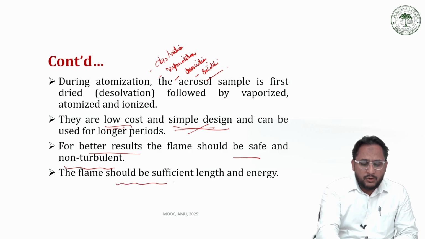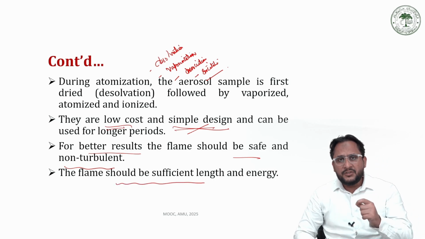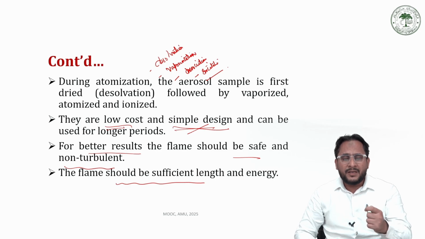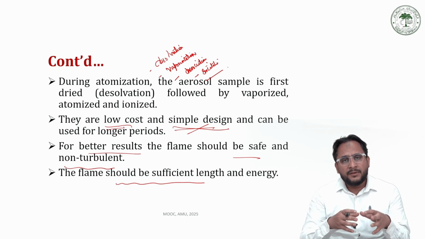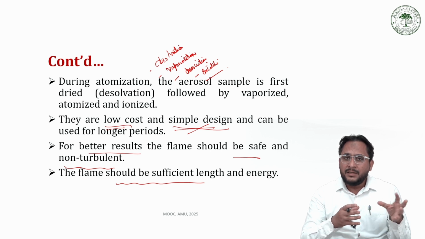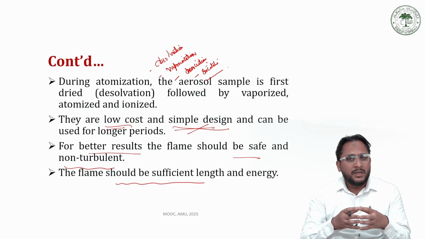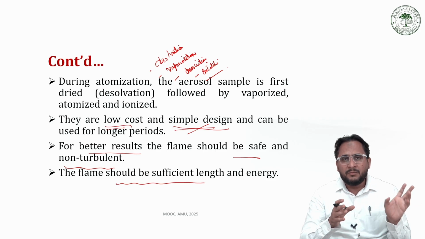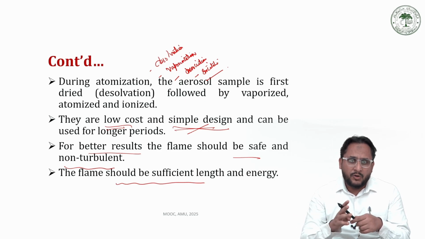And also the length of the flame as well as its energy should be sufficient to vaporize and excite the sample present in the sample. If we have an impression that the analyte has high melting temperatures, we must avoid using flame atomizers, and we should go for either electrothermal atomizers or plasma atomizers.